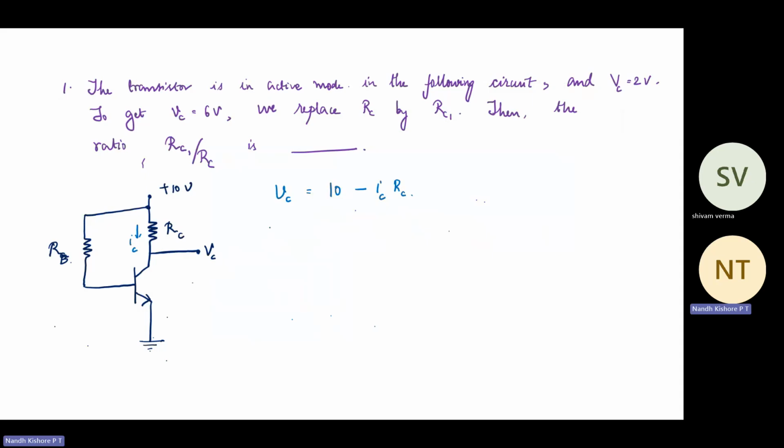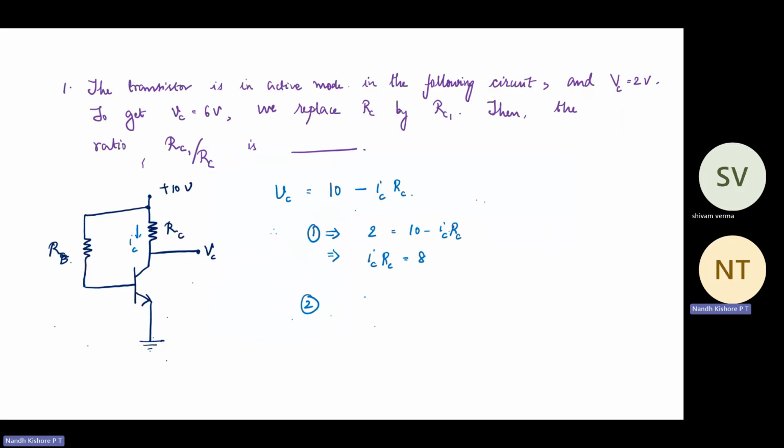And they have told that case 1 is VC is equal to 2 volts. So 2 is equal to 10 minus ICRC, which means that your ICRC is basically 8. This is case 1.